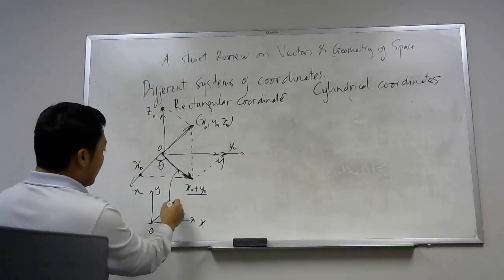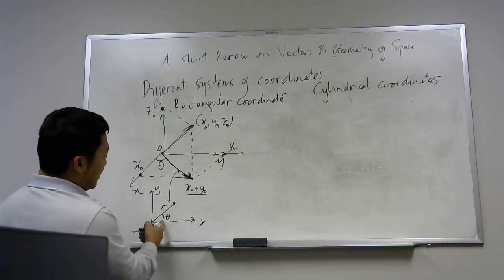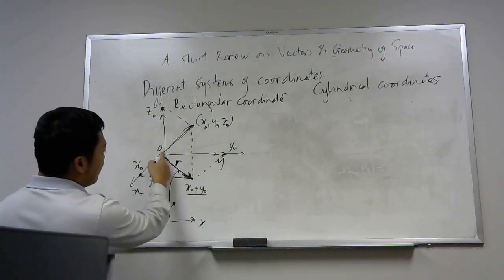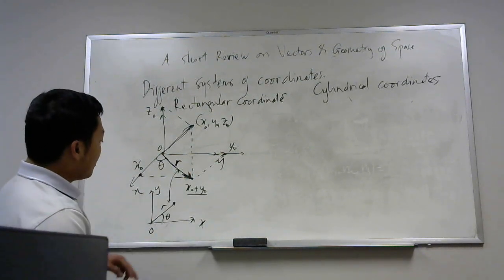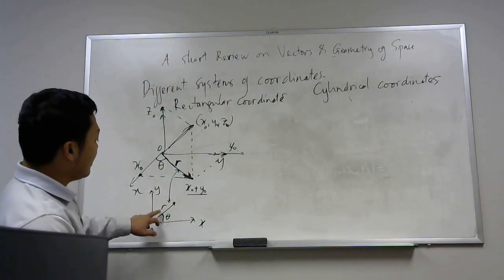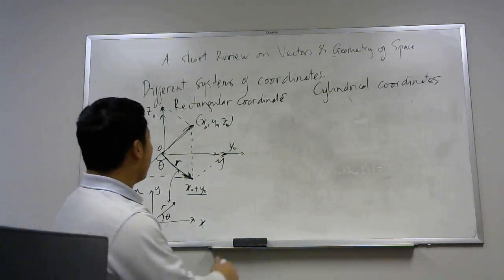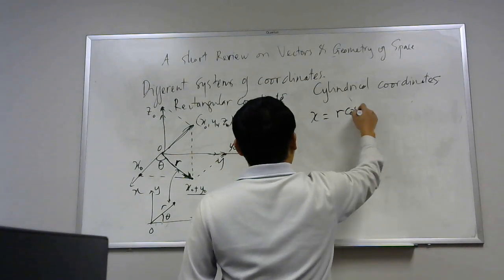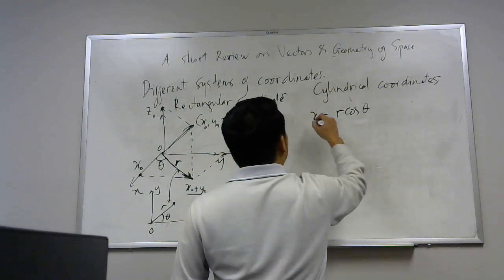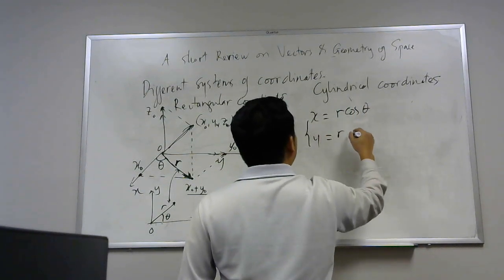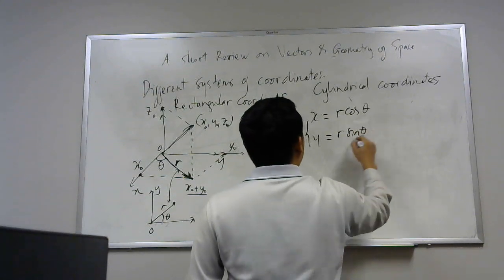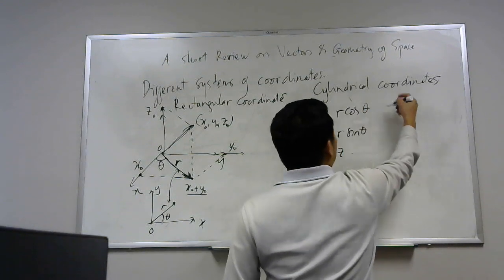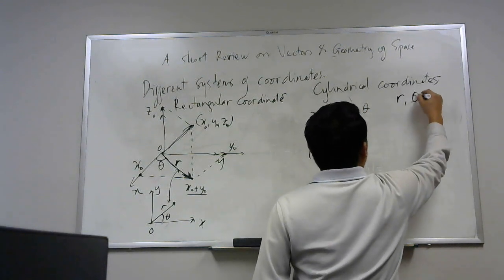Let's say this guy is r and this guy is theta. If we call the norm of this vector r, the relationship is x equal to r cosine theta, y equal to r sine theta, and z is just the same. So the cylindrical coordinates are r, theta, and z.